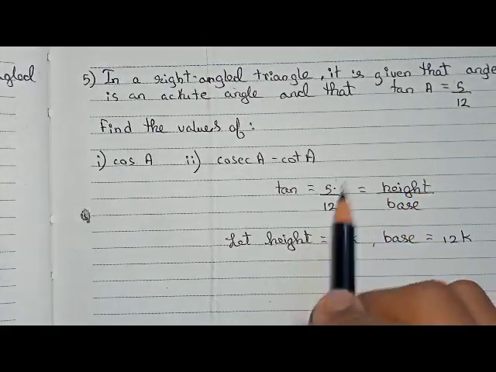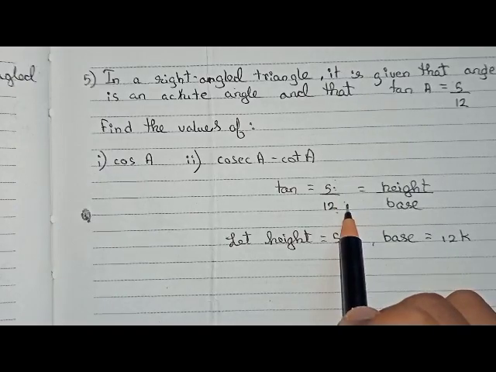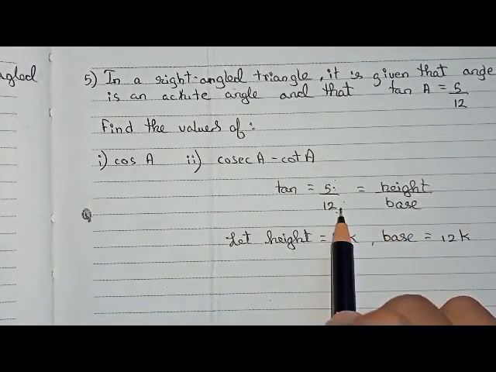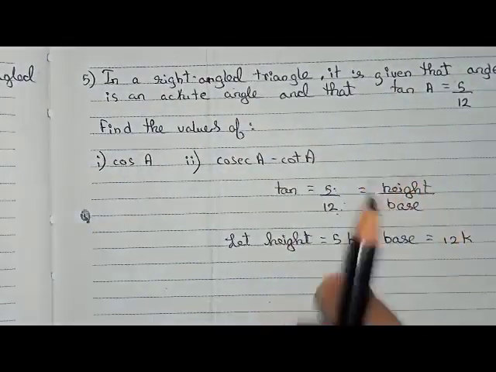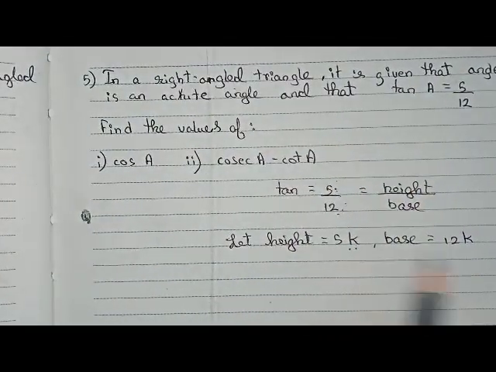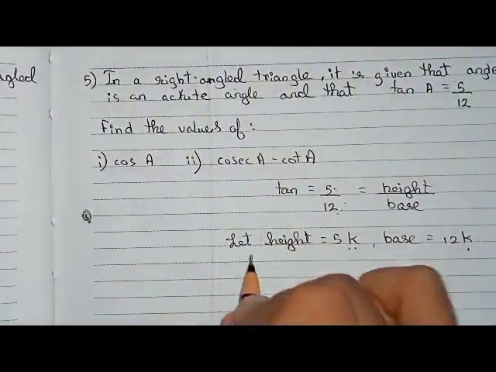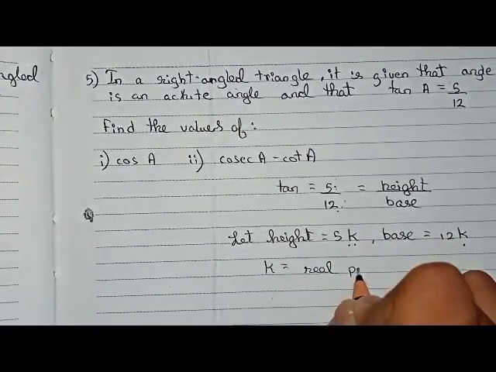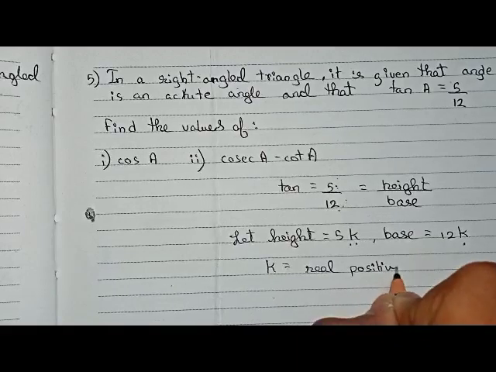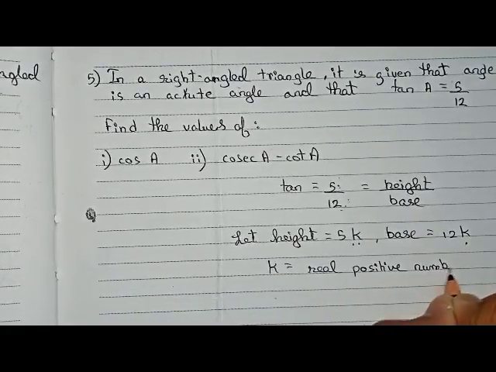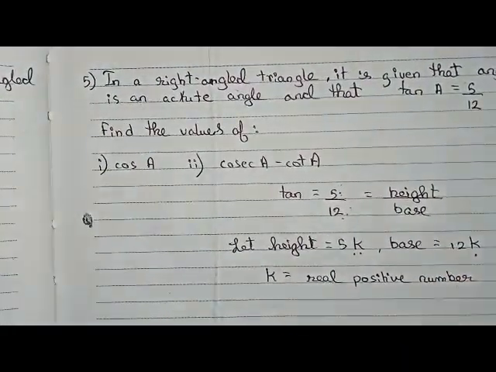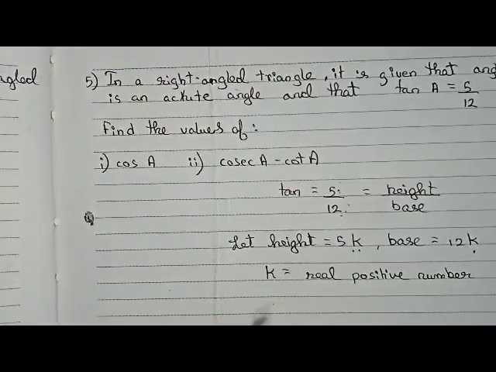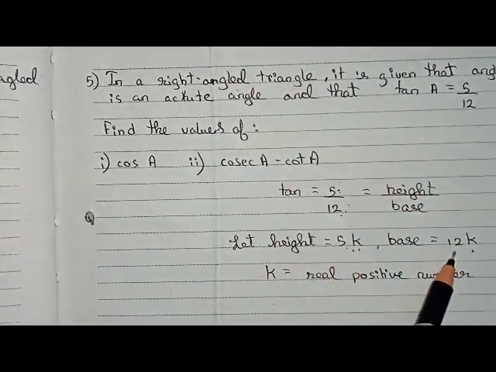Like if we take an example, this may be 25 and 144, so if we root it, it will become 5 by 12. So this is a ratio, this is not the actual value. So we write a k beside it, which is a real positive number. Real positive number means it is not 0 and it is positive. So height is 5k, base is 12k.